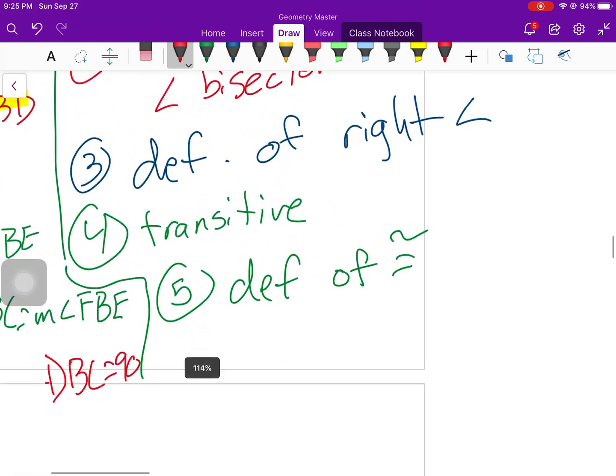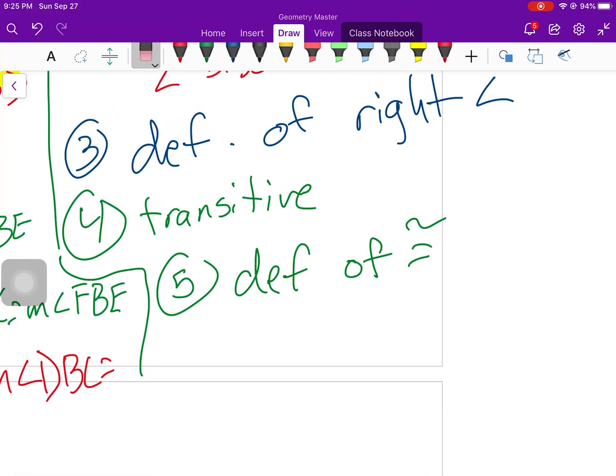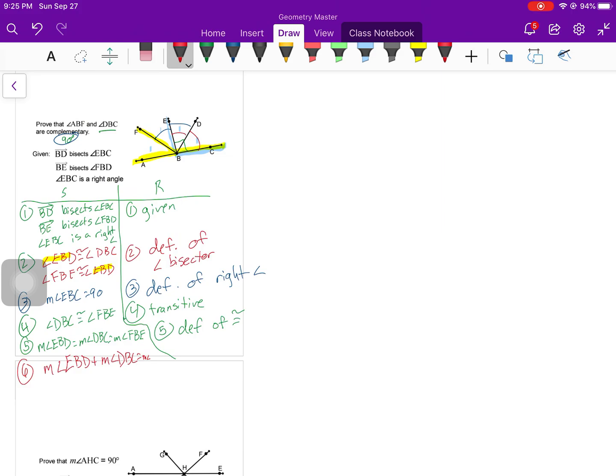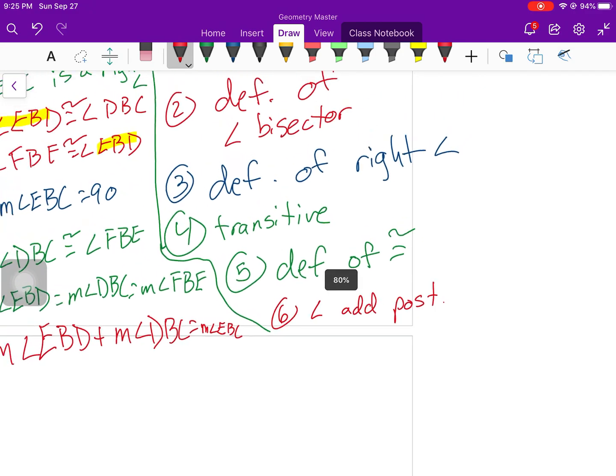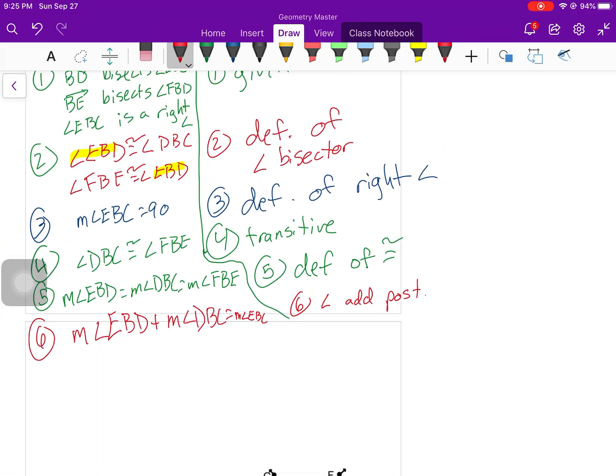What I should actually say before 90 is that this equals the measurement of angle EBC. It's our angle addition postulate. This is me being extremely thorough and precise. You have to use your angle addition postulate before you can plug things in.